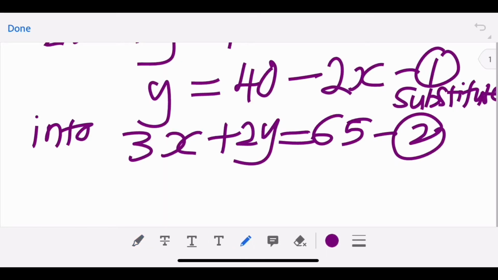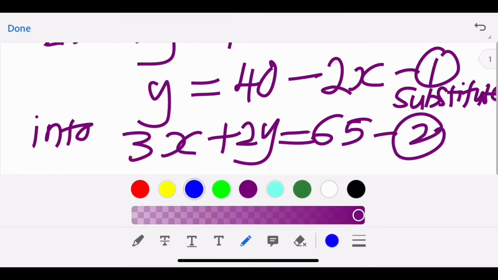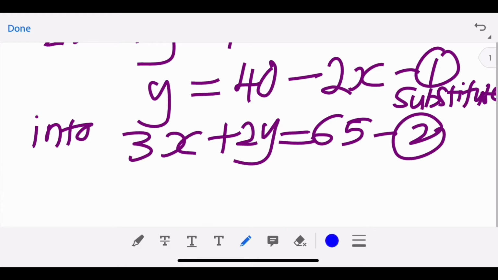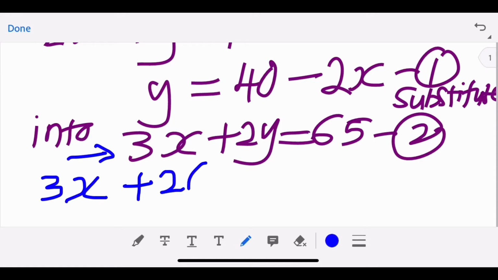You copy down the 3x, and then you plus 2. When you see y, you have to substitute something to do with x. So 40 minus 2x, equal to 65.